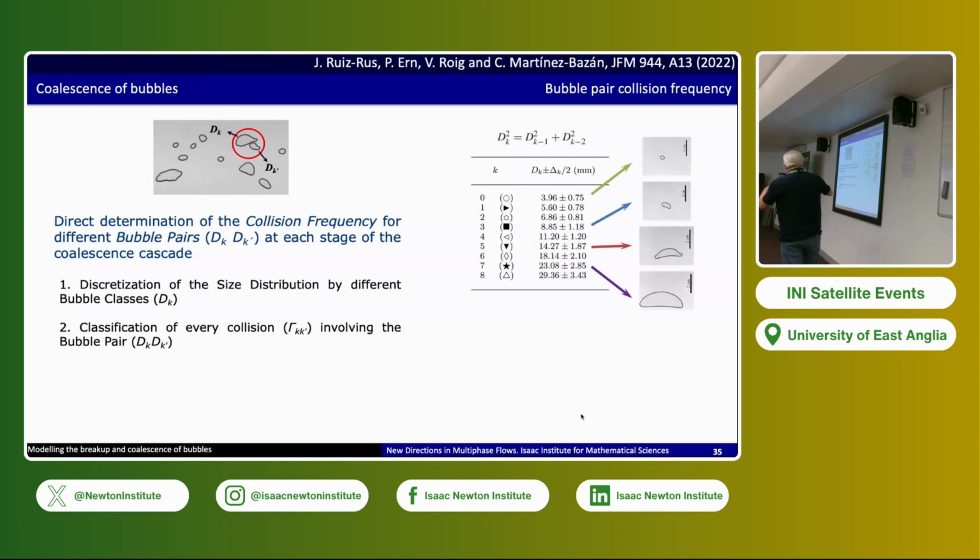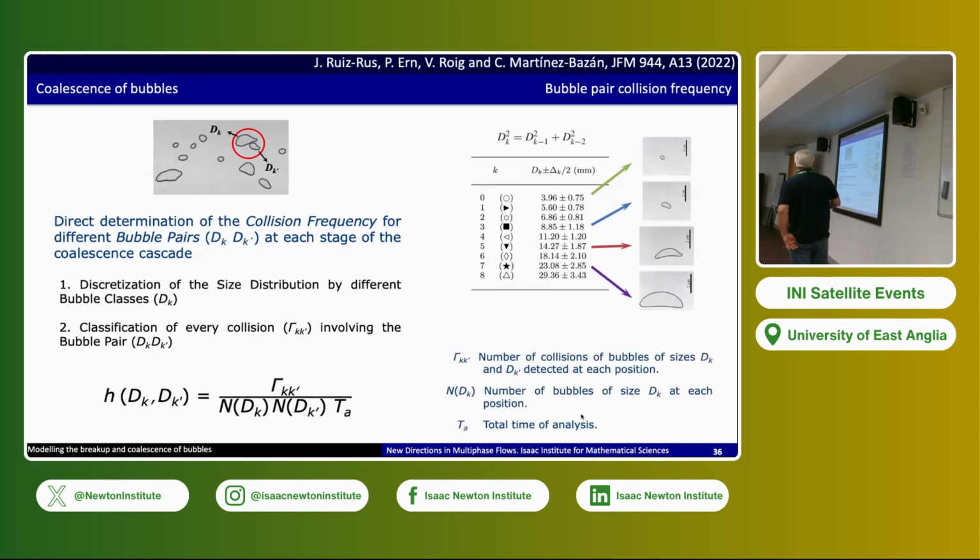To get good statistics, we divided the bubbles into different classes of different diameters. We follow them and calculate the coalescence frequency, just counting the number of collisions that ended up in coalescence and dividing by the number of bubbles that we have in a given position, the number of the other kind of bubbles in the same position, and by the recording time.